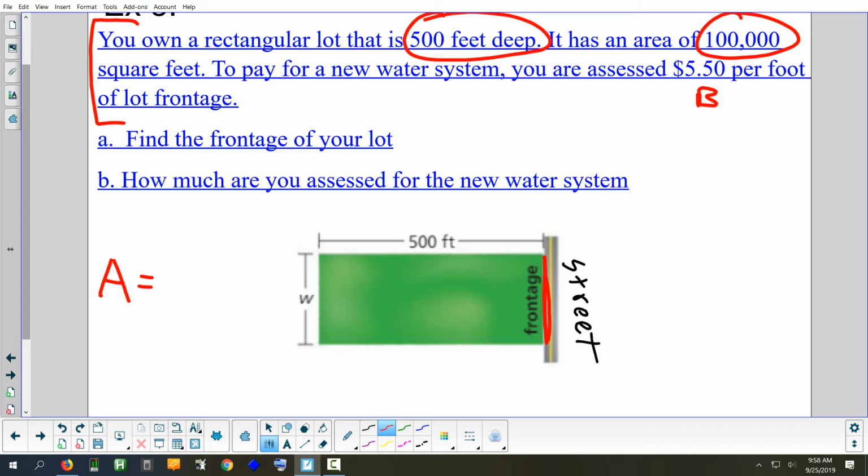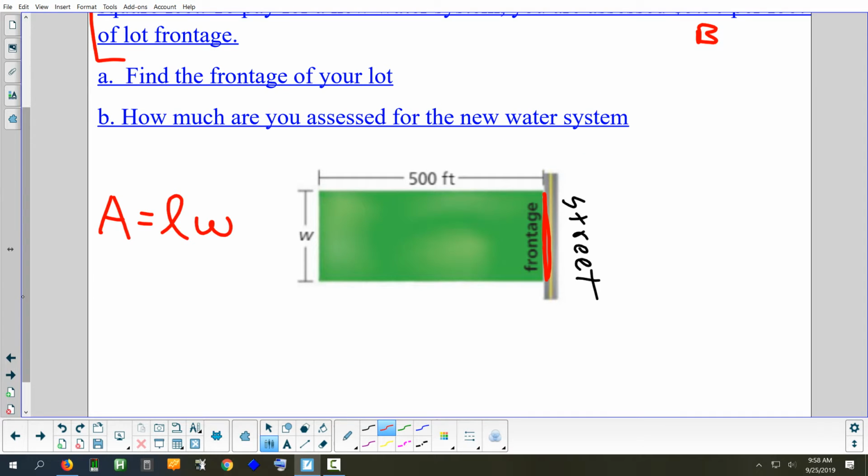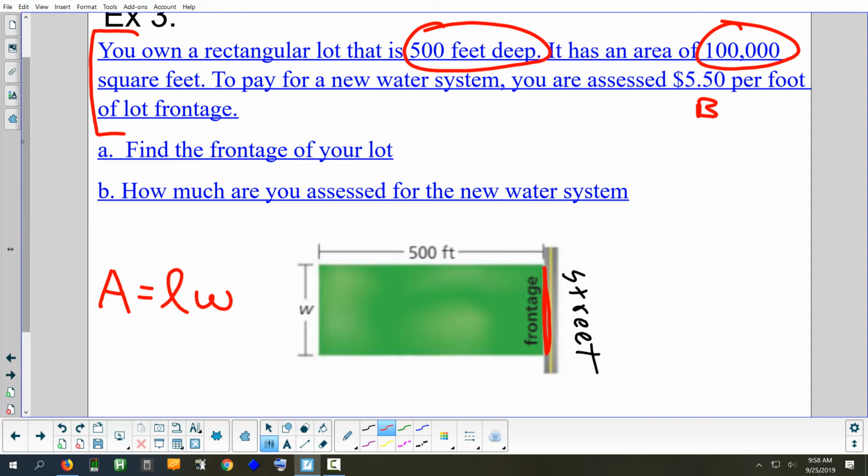Pi is usually when you have something circular or spherical, and diameter would have to do with a circle, like pi and stuff like that. It's just length times width. Length times width.